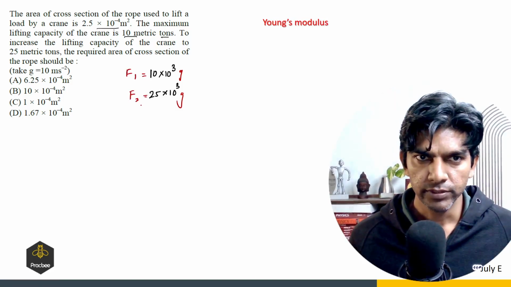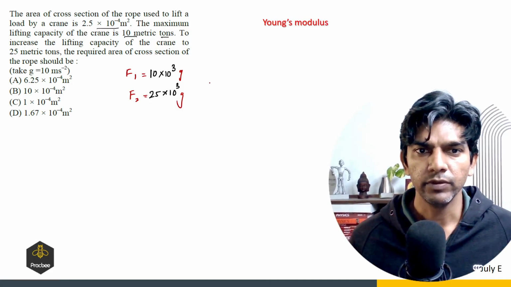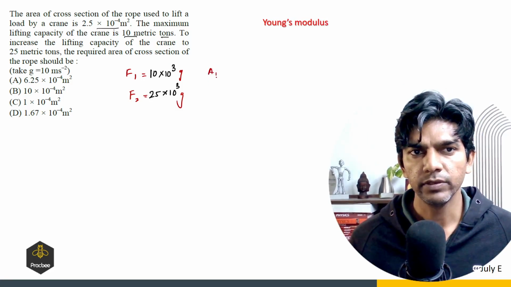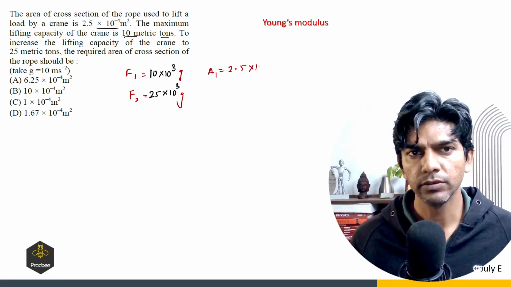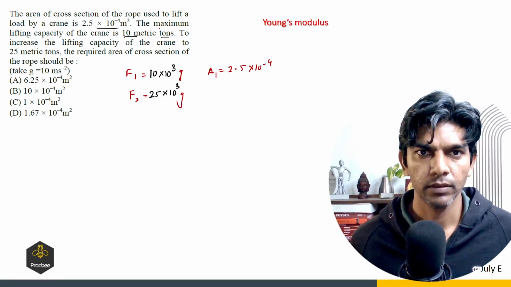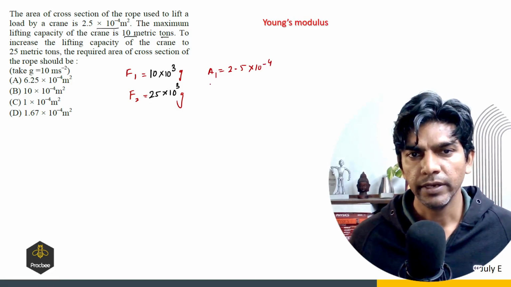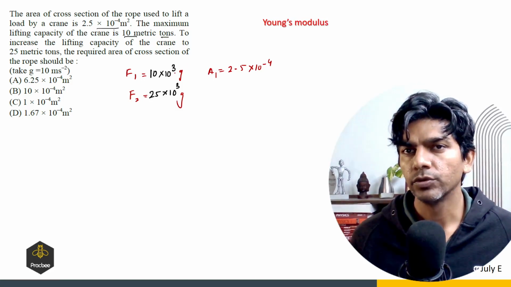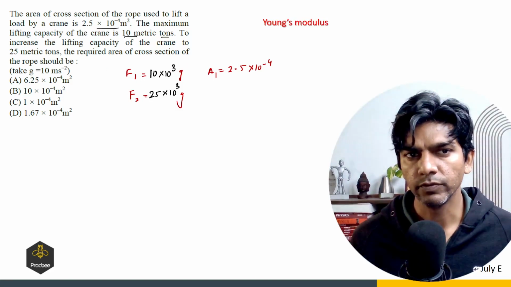So we got the force and we have the given area of cross section in the first case. So A1 is given as 2.5 × 10^-4. Right, so if we exceed stress beyond this value, it will break.